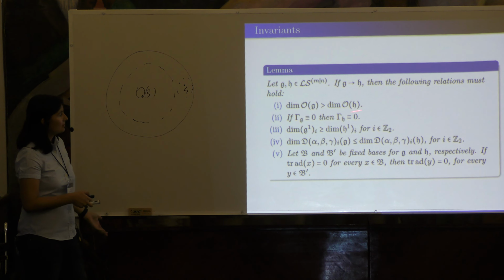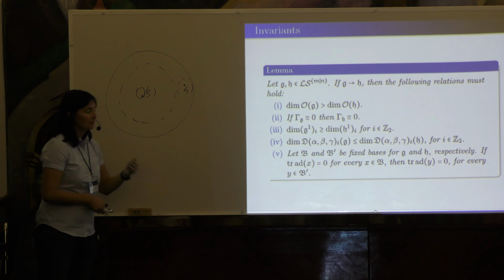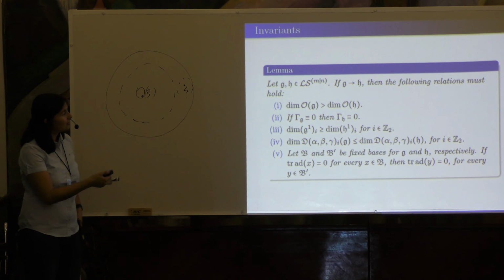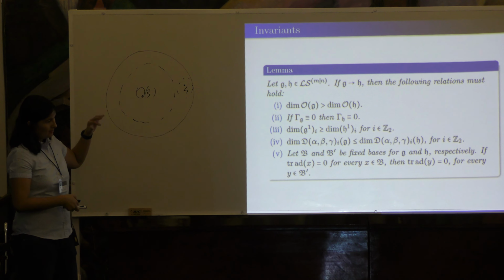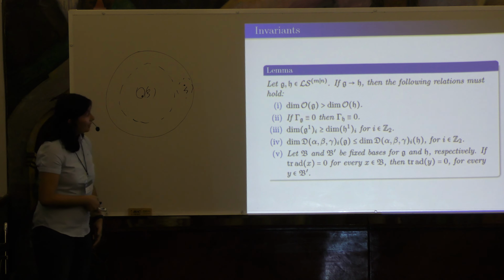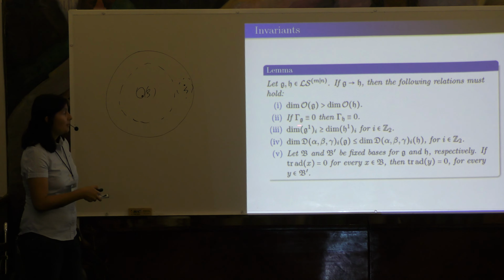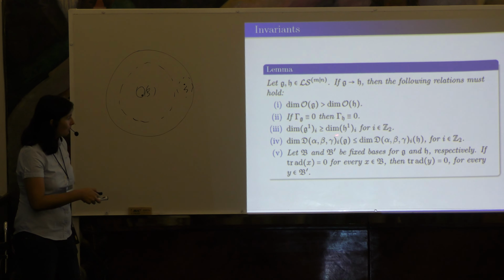The relations are these: the dimension of the orbit of G must be greater than the dimension of the orbit of H. If gamma of G, where gamma is the commutative part, is 0, then gamma of H must be 0, and so on.